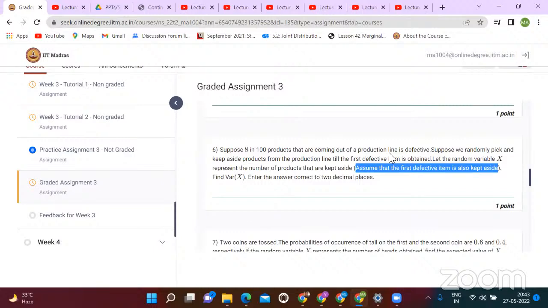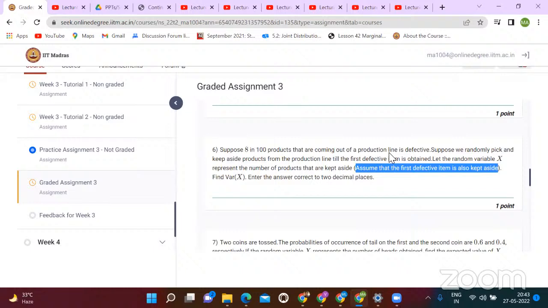I didn't solve that, but from the reading itself I think it's a GP only. So you can just approach it the same way, like the GP. If you don't assume that, you cannot apply the GP. That's why it's written. Okay, sir.